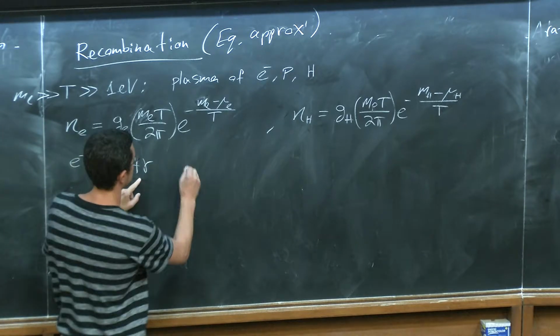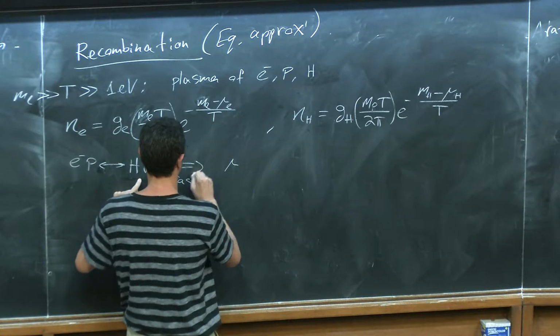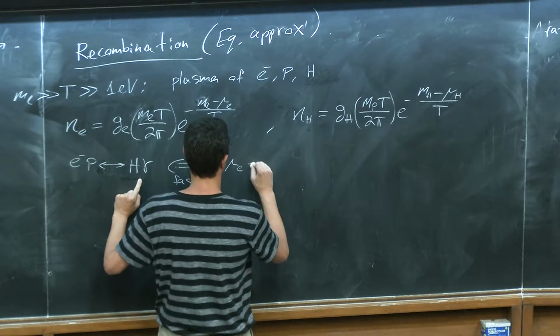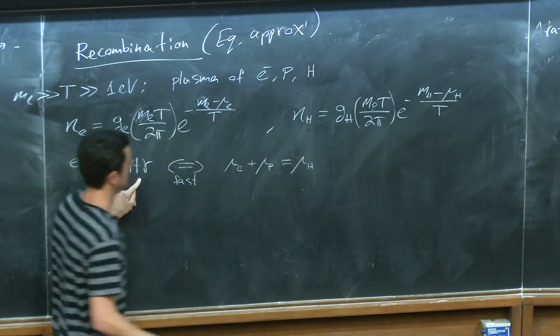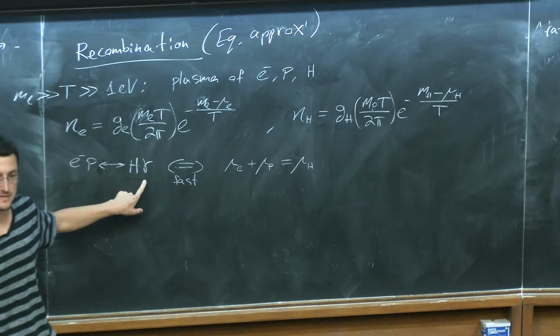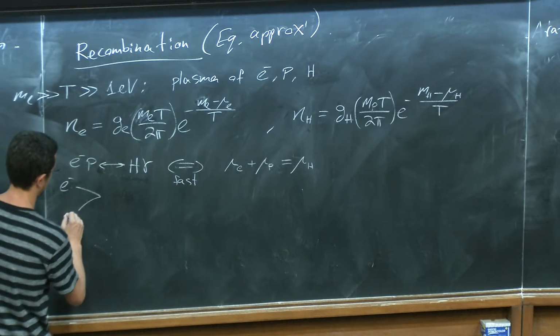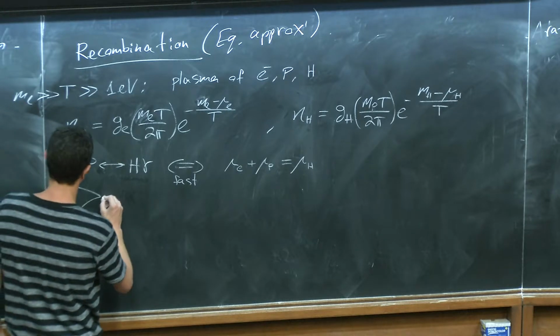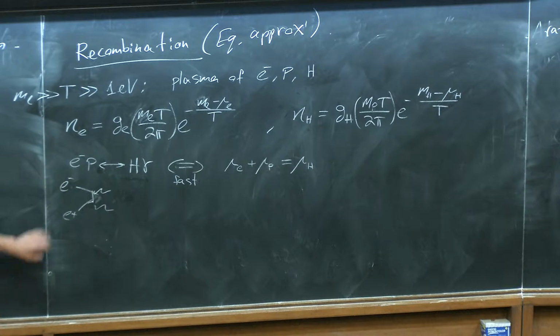When these reactions are fast, the chemical potentials are equal. So the sum of chemical potentials is additively conserved. And the chemical potential of photons is 0, okay? Because there are reactions like this that take net 0 chemical potential to photons.